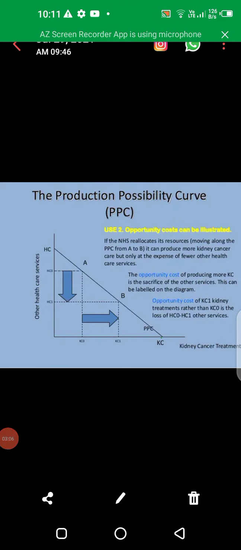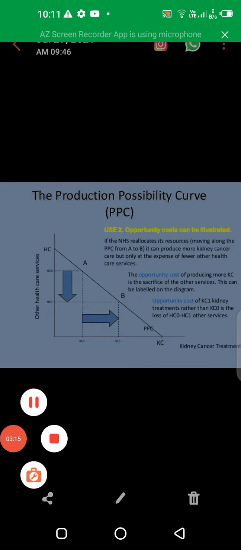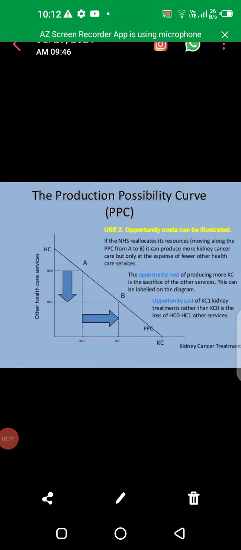Here we can also see the opportunity cost with the help of the production possibility curve. The production possibility curve is the concept of sacrifice. The shape of the curve will change based on whether the opportunity costs are constant, increasing or decreasing. The slope of the PPC also indicates the opportunity cost of producing one good in comparison to another.